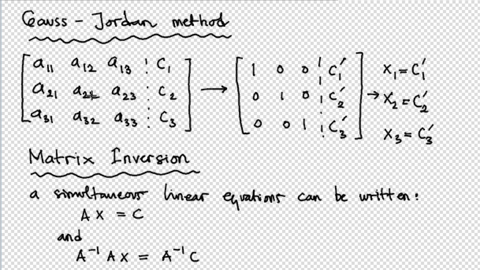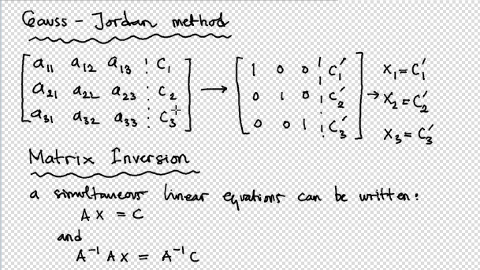The diagonal is non-zero elements, and then after you have the triangular matrix, you do substitution, start from the third row, and then substitute in the second row, then the first row, then you will have the solution.